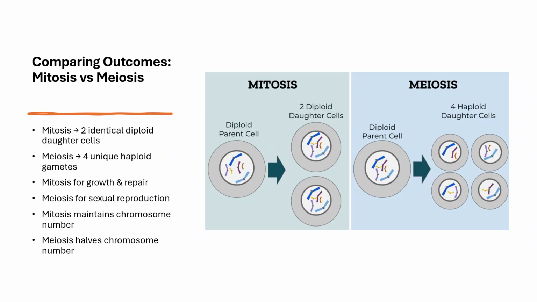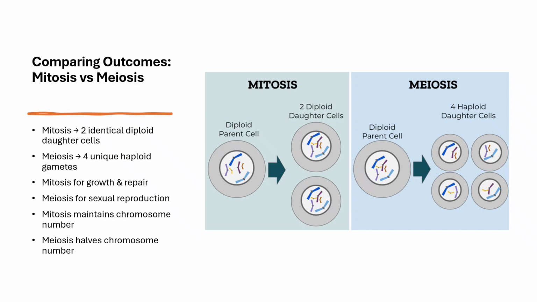When comparing the outcomes of mitosis and meiosis, the differences become especially clear. Mitosis ends with two identical diploid daughter cells, each capable of functioning just like the original parent cell. Meiosis, however, ends with four genetically distinct haploid cells that will become gametes.